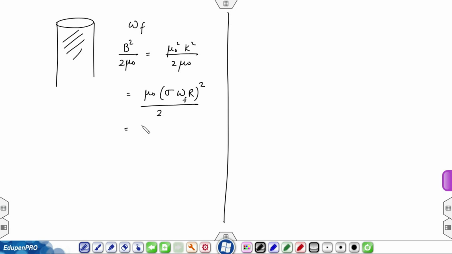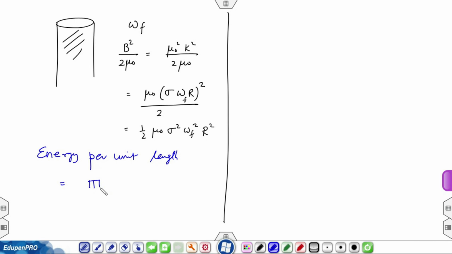So, this is 1/2 mu 0 sigma square omega final square r square. So, energy per unit length is pi r square times 1/2 mu 0 sigma square r square omega final square, which is pi by 2 mu 0 sigma square omega final square r raised to 4.